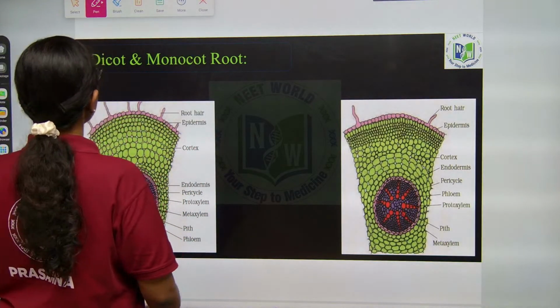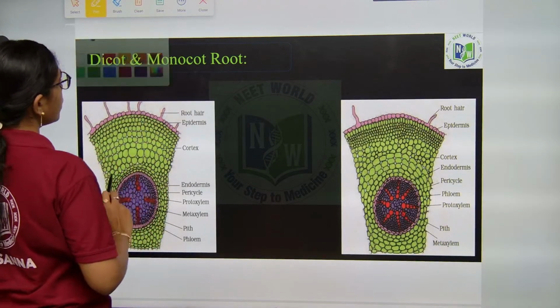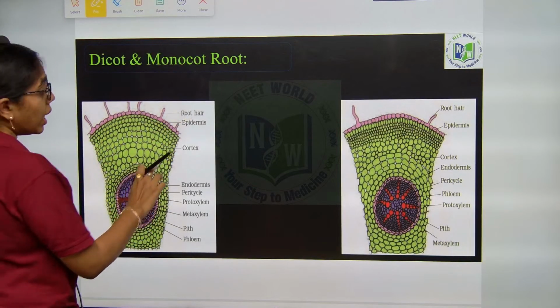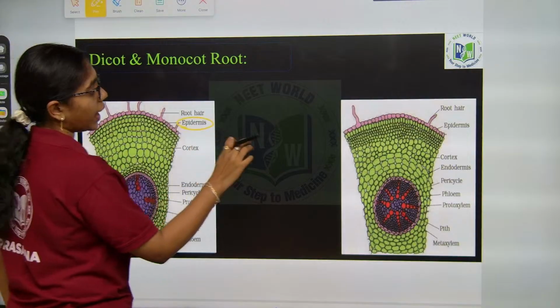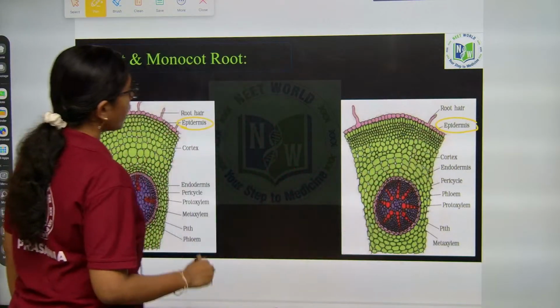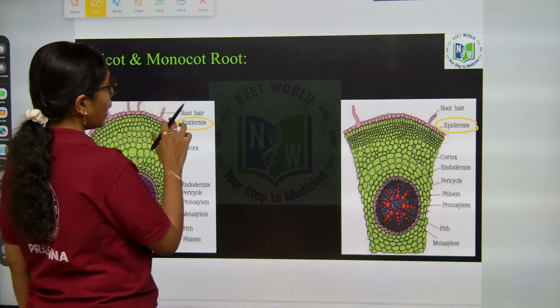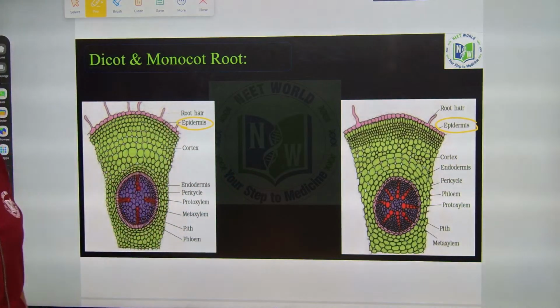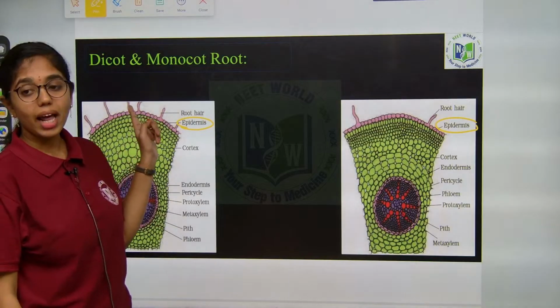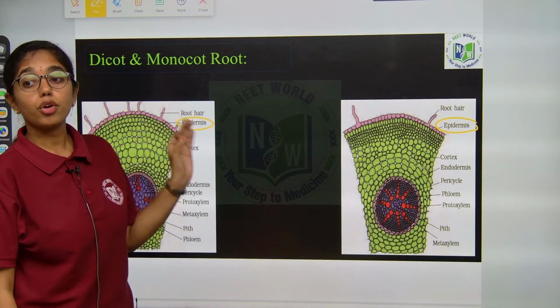So here if you see, first is epidermal region. The epidermal region in both dicot and monocot, they are having what? Elongated cells. They are made up of parenchyma and they will have unicellular hair-like projections. This unicellular hair-like projections are what? Root hairs.